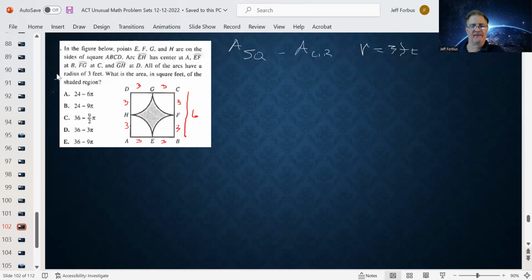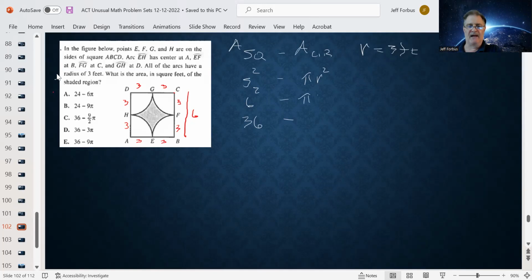So the area of a square is just the side squared. So the length of the side of the square is 6. That's 6 squared, or 36. Now the area of the circle, the formula for the area of the circle is pi r squared. You know the radius is 3.